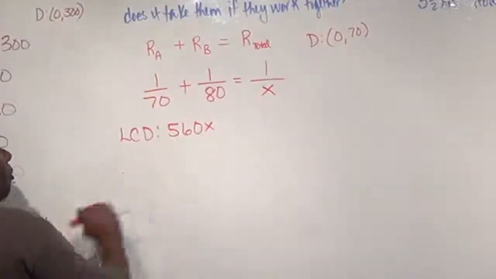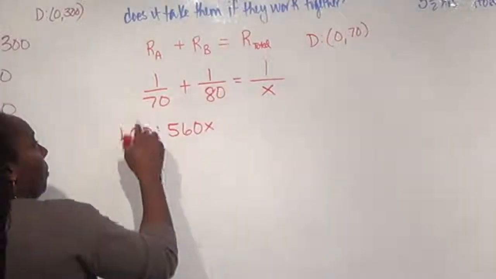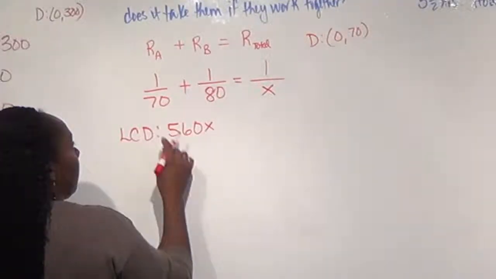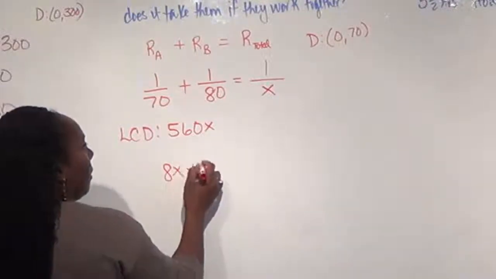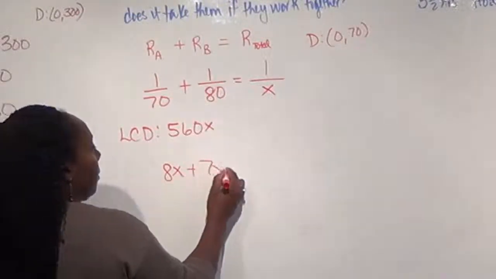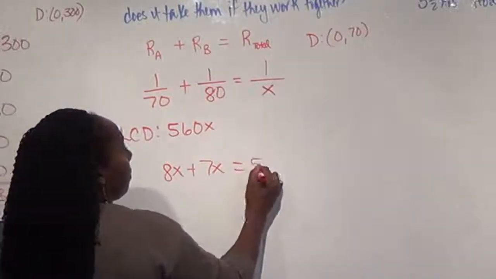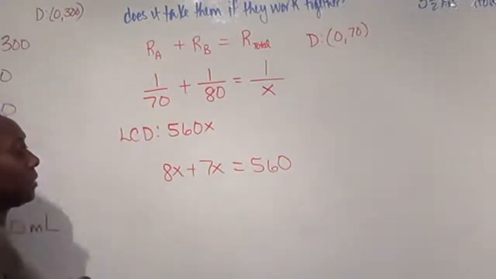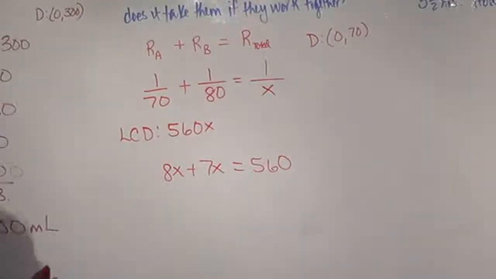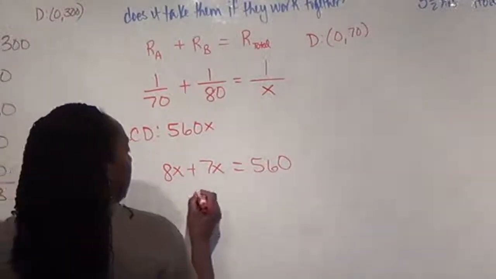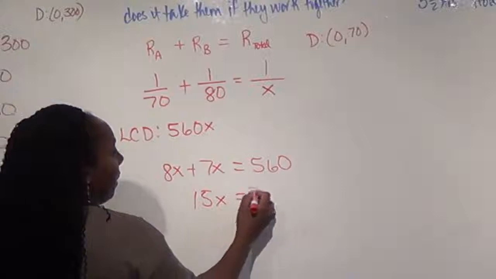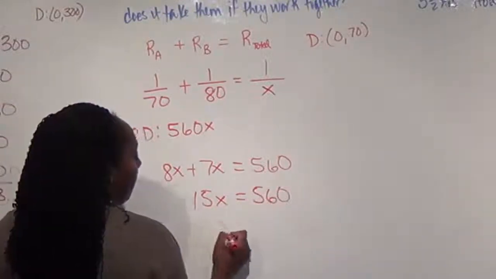So we'll multiply through by that common denominator. So here we'll get an 8x when multiplying by 70. We'll get a 7x when multiplying by the 80. And over here, we'll just get the 560. Okay. So adding the two together, 15x has to equal 560.